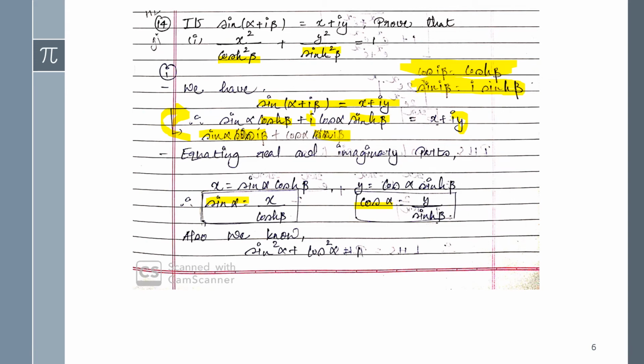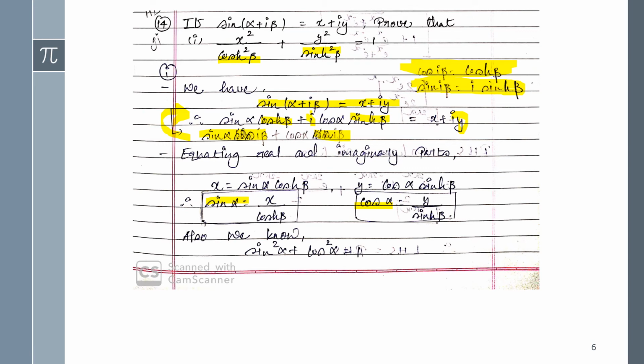It means you need the answer in terms of alpha, and the question has been asked in the beta form, so the answer will be except beta. That's why I have made alpha the subject, here sin alpha and here cos alpha. Making sin alpha the subject, it will be x upon cosh beta, and making cos alpha the subject, it will be y upon sinh beta.